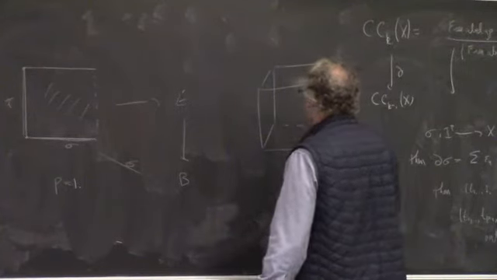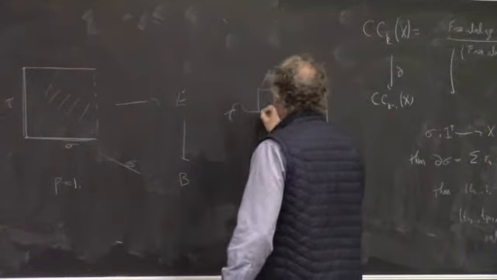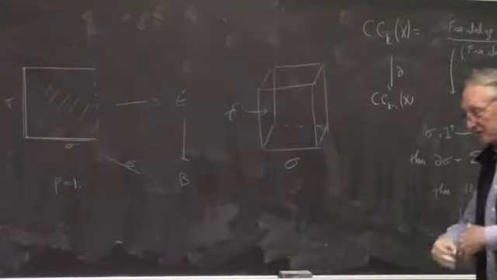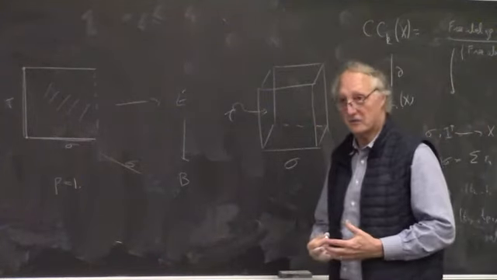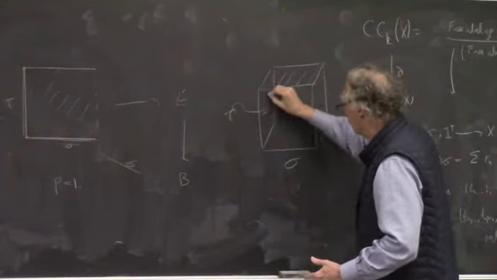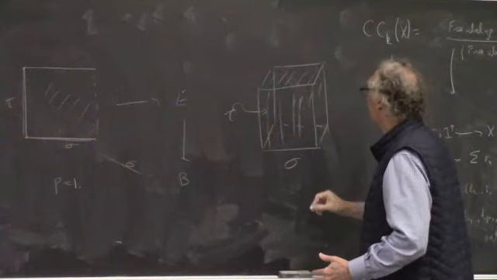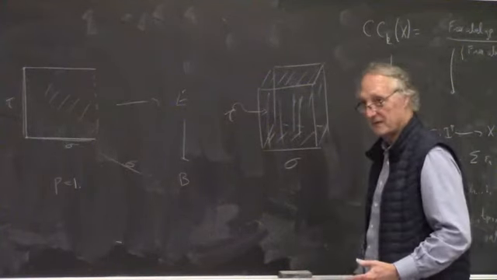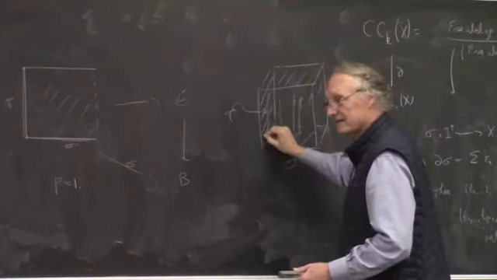Now, if tau were still doing P equals 1, but suppose tau were a two-dimensional cube. Okay. So this is sigma, and this is tau. I suppose by induction, I already have the extension defined over the boundary of tau. So that's the top, the front, the back, and the bottom. Those four sides. And of course the map is given to me over here. That's the map tau.